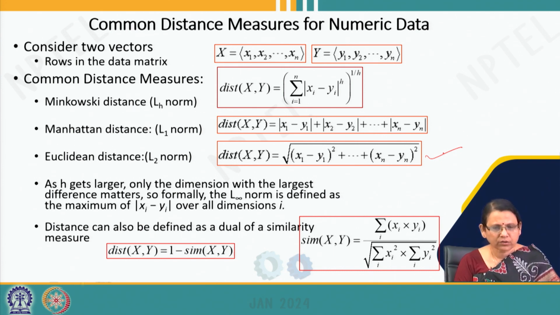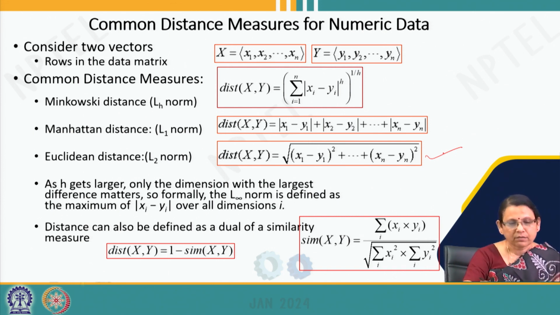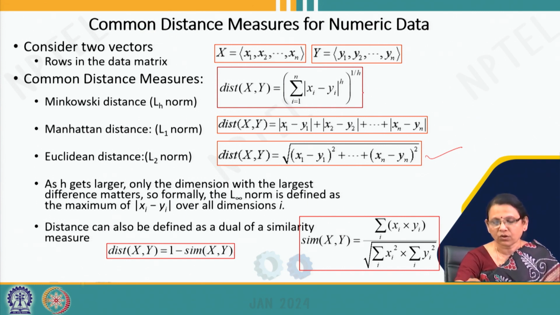And we also talked about the L1 norm in some context where we were trying to give some penalty to the mean square error. But anyway, you can refer to those lectures for more detail. These common distance measures are based on norms. The first one is the Minkowski distance, which is called the Lh norm.